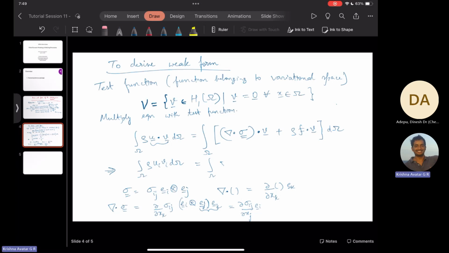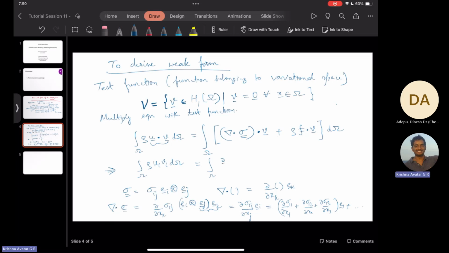So if you write this, say you fix i equal to 1, then this will be equal to partial sigma_11 by partial x1 plus partial sigma_12 by partial x2 plus partial sigma_13 by partial x3, and this will be e_1, plus like that. Then we'll have i equal to 2 and i equal to 3. Once we have this, now we'll put the expression here.